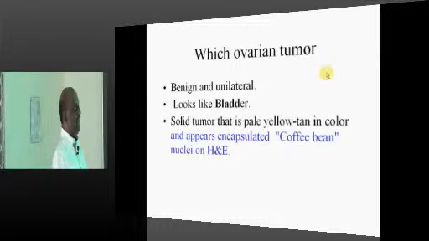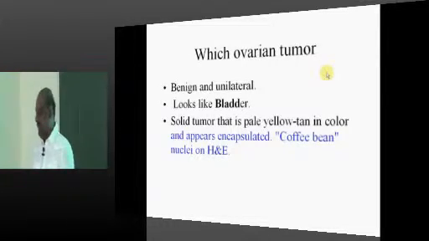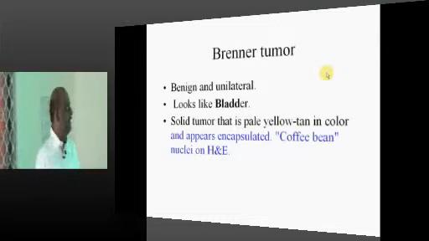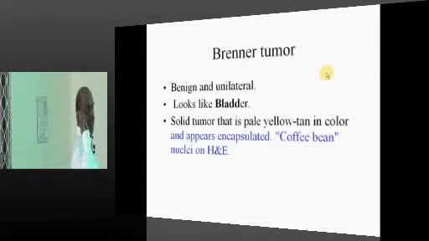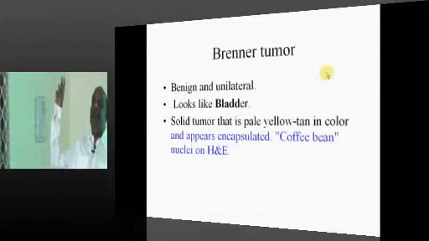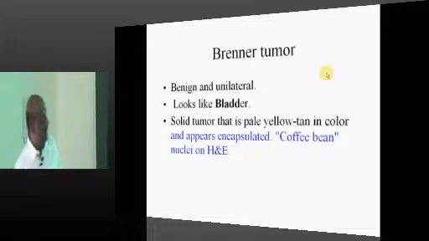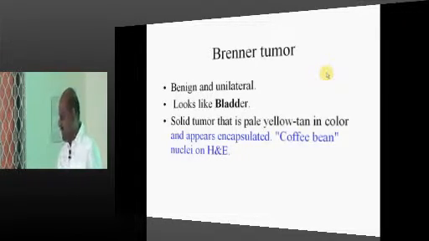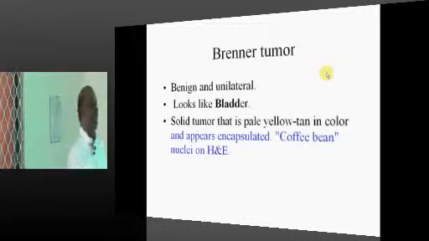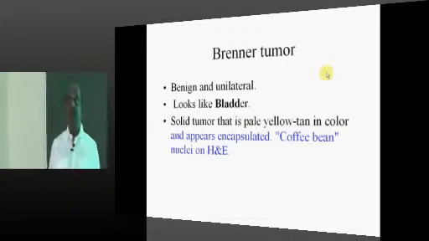Anybody confidently? Granulosa is one proposal. Brenner is benign, B for benign, B for bladder-like, B for bean-like, coffee bean-like nucleus is the Brenner's tumor. That's right, Dr. Anuja has rightly answered from Pune, Brenner's tumor.